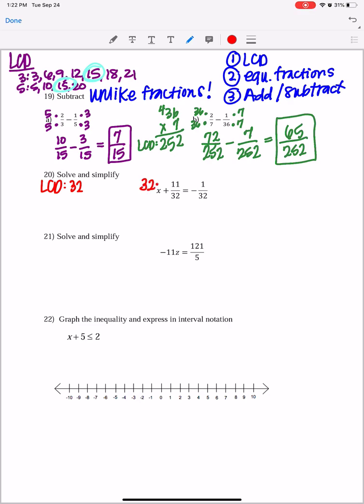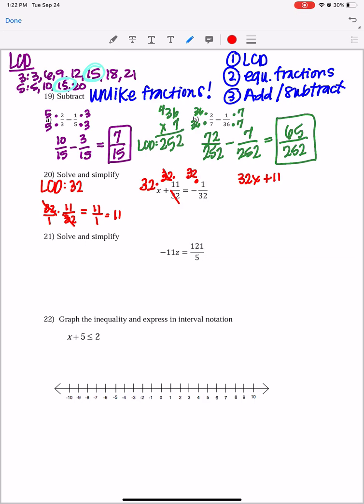So we need to do 32 times x. When I do 32 times 11 over 32, hopefully you see that these just sort of cancel out and we get a plus 11. But if not, put this over 1, your 32s cancel, we're left with 11 over 1, which is 11.